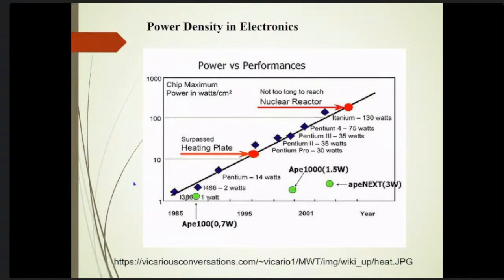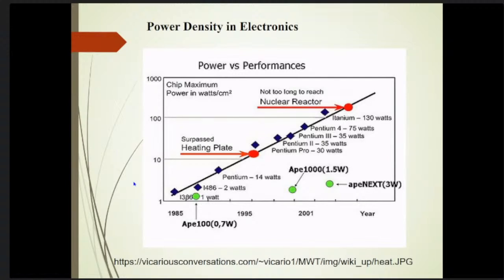The only thing we are able to manage is that the chip surface area is small because the electronics is highly compacted. So the overall energy generated at the chip surface is not huge, but the flux is very high, and we need to remove it from the chip surface.